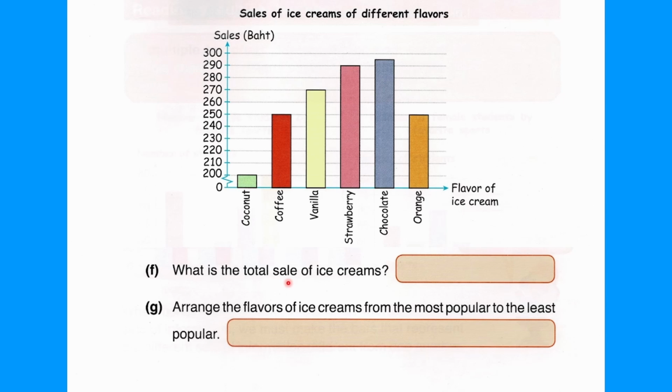What is the total sale of ice creams? Okay, so for this one, we must add all of these together. 200 plus 250 plus 270 plus 290 plus 295 plus 250, and that equals 1,555 baht.